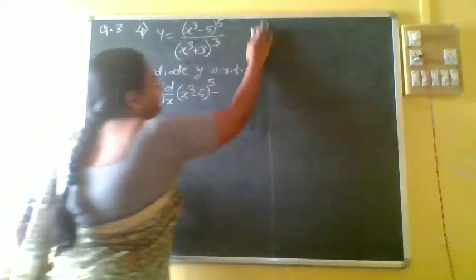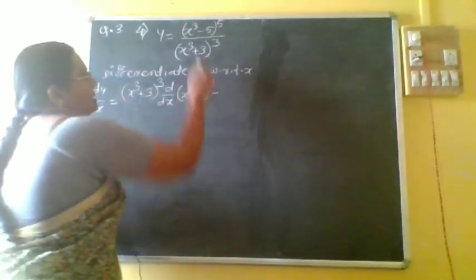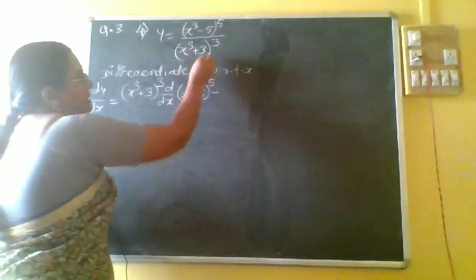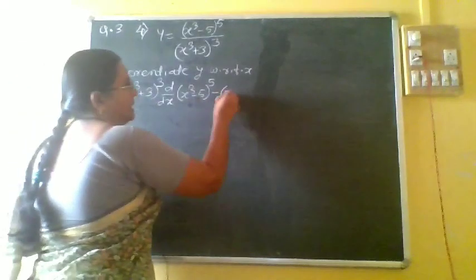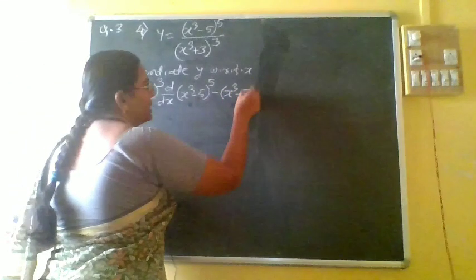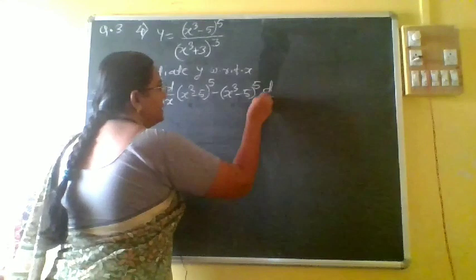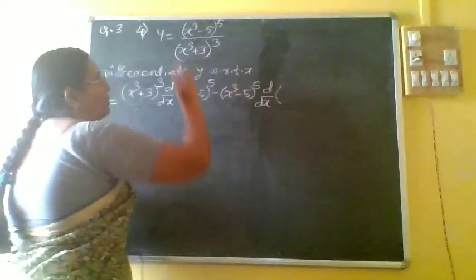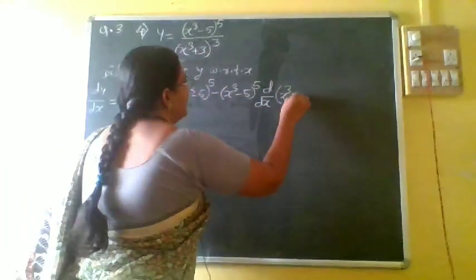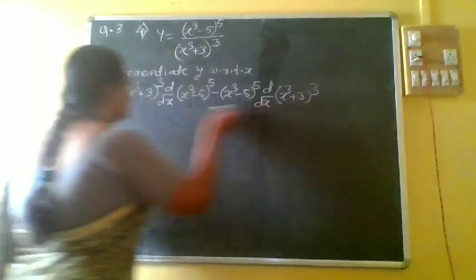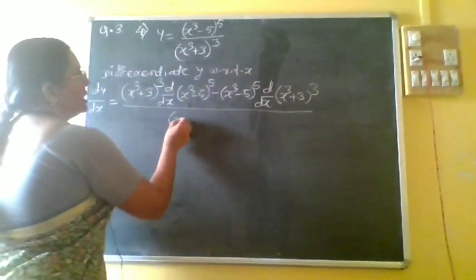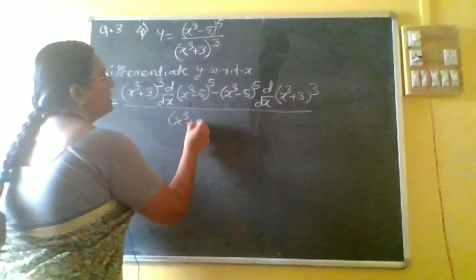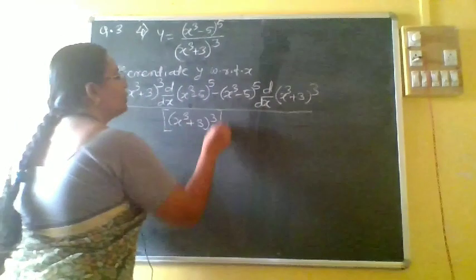Minus, keep the numerator as it is, (x cube minus 5) bracket raised to 5, and take the derivative of the denominator, (x cube plus 3) bracket cube, divided by the denominator square, that is, the square of (x cube plus 3) cube.